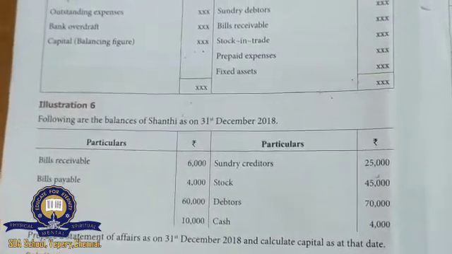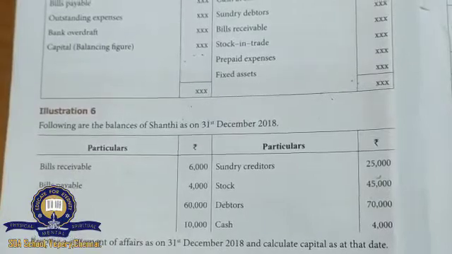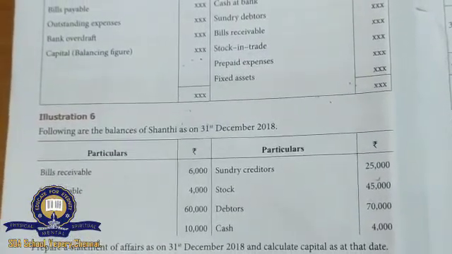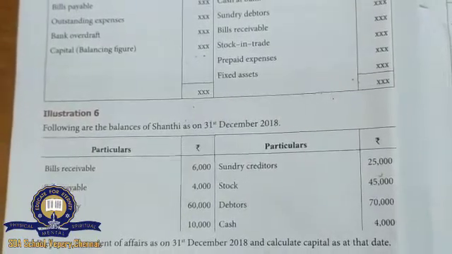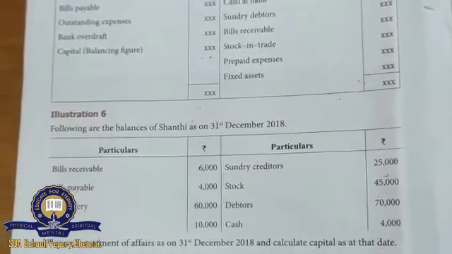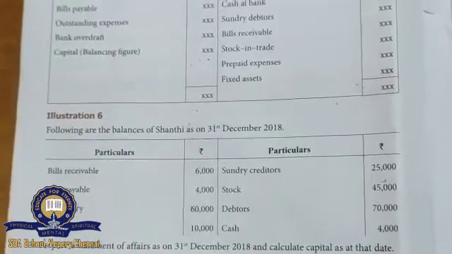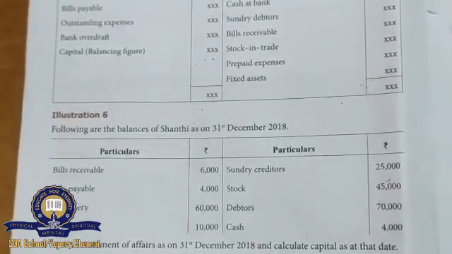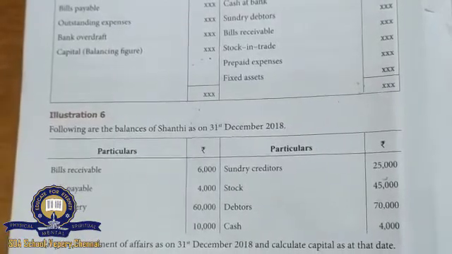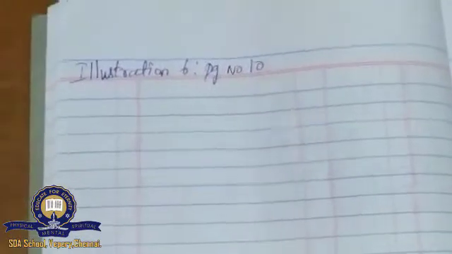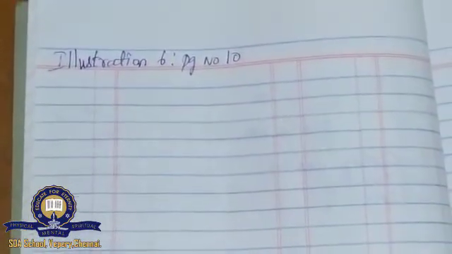Prepare a statement of affairs as on 31st December 2018 and calculate capital as at the date. Now we are going to find out the closing capital. They have given 31st December 2018. Suppose they had given 1st April, it means you are going to find out the opening capital. So illustration 6, page number 10.